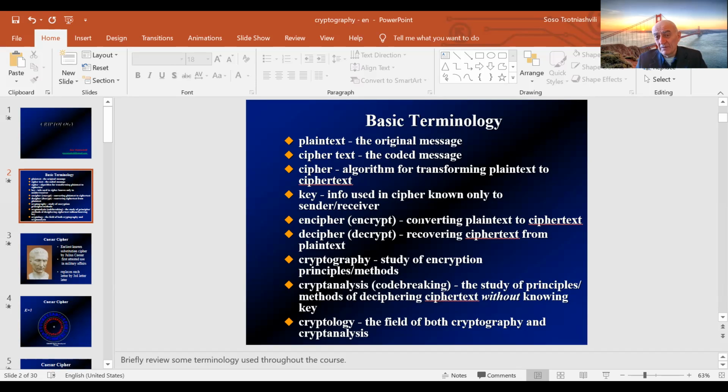And nobody could imagine that after 300 years, our safety would be based on Fermat's theorem.